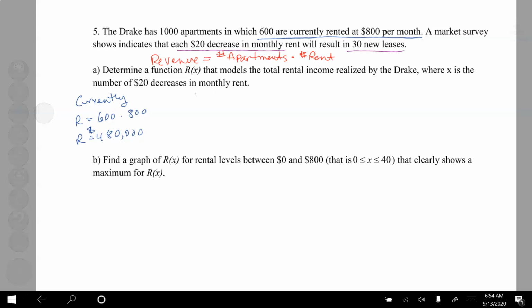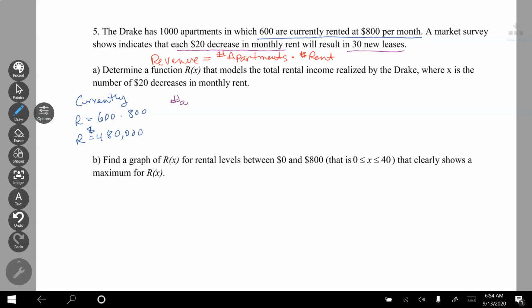Well, what we're going to do is the number of apartments is going to go up. It's going to be the current 600 plus 30x. And the rent is going to go down. Right now it's 800, and we're going to subtract 20x.